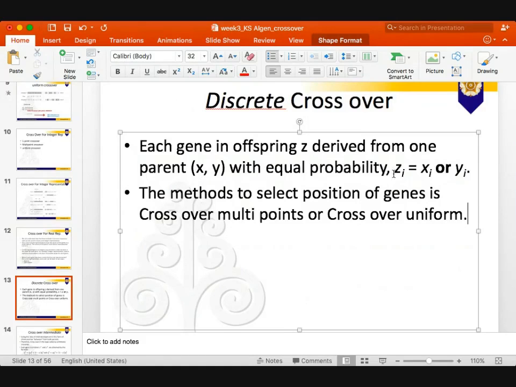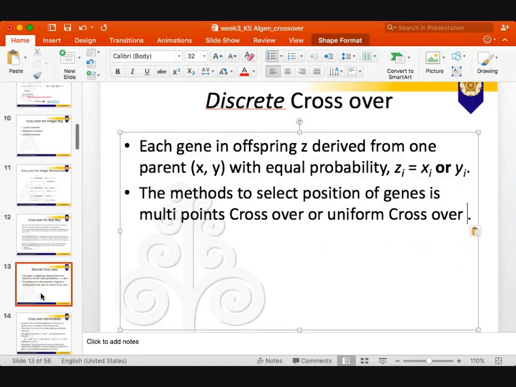So it is the same as multi-point crossover and uniform crossover. We just copy the value of the gene from the parents.